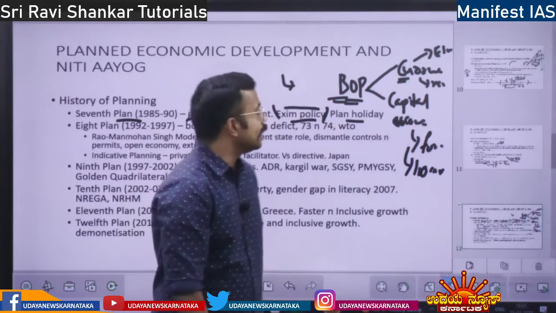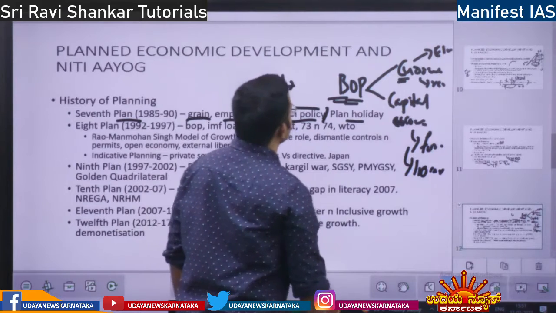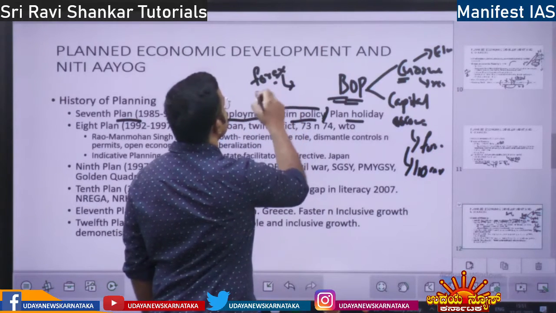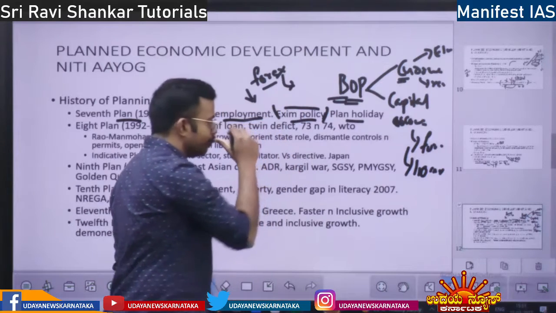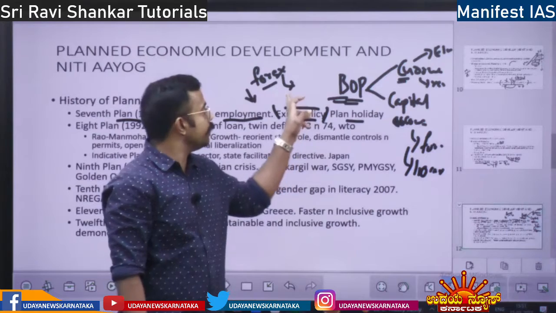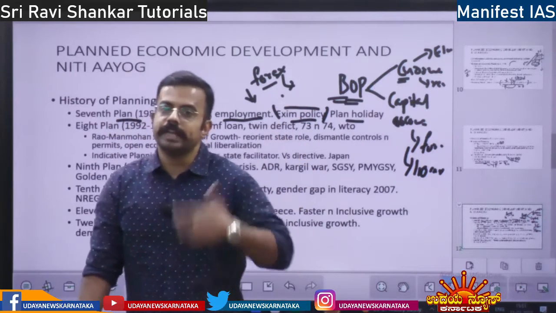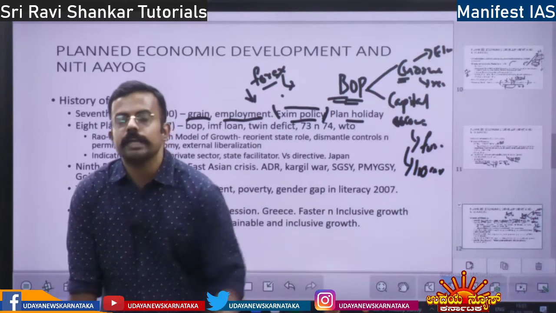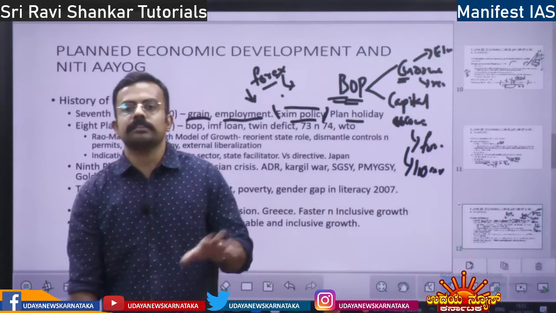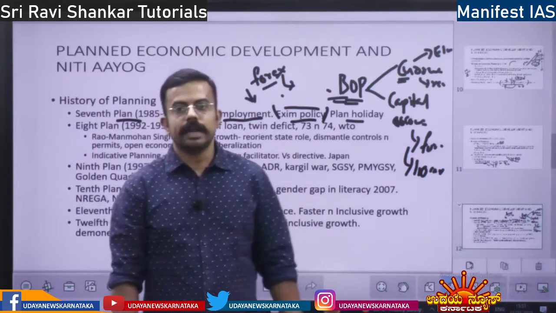So when India has to mandatorily import oil, India's forex reserve becomes low. Why forex? Forex means foreign exchange. Why is forex less? When does India get forex? When we export something, other countries pay us in dollars. We get the forex, which we can use to buy the oil.